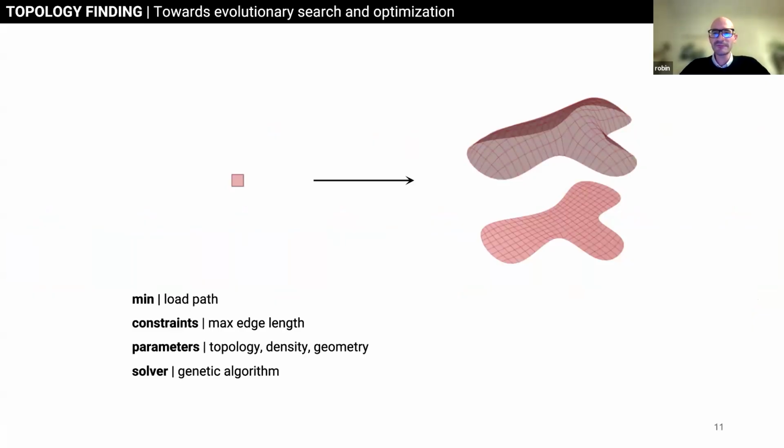So it's not there yet, but the goal being to formulate it as a problem, a design problem, whether about minimizing the load path, which relates to structural efficiency under some constraints related to fabrication, assembly, etc., or combining a set of objectives that have different weights that you can vary depending on your requirements.